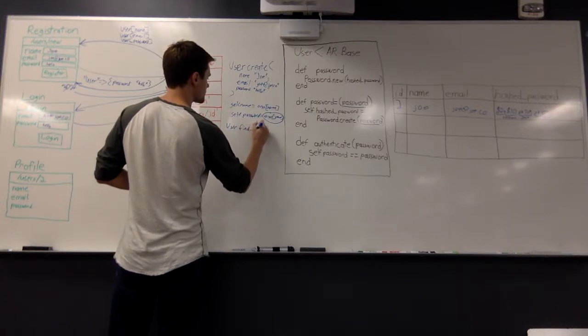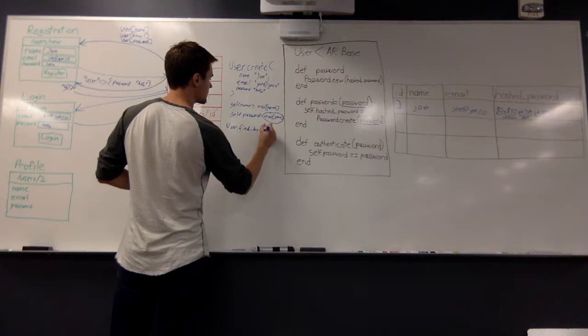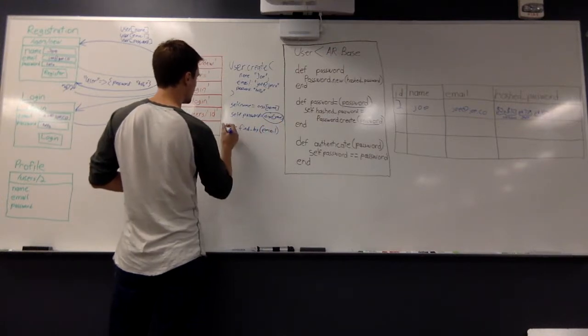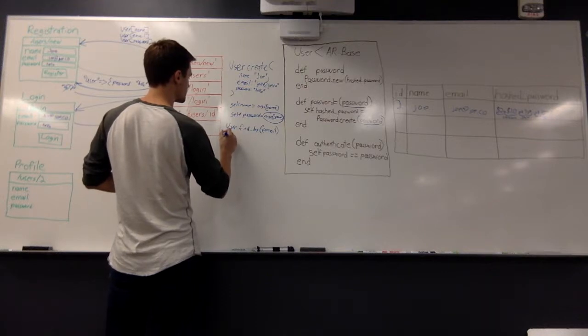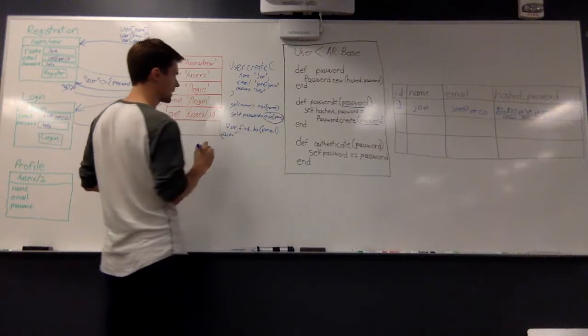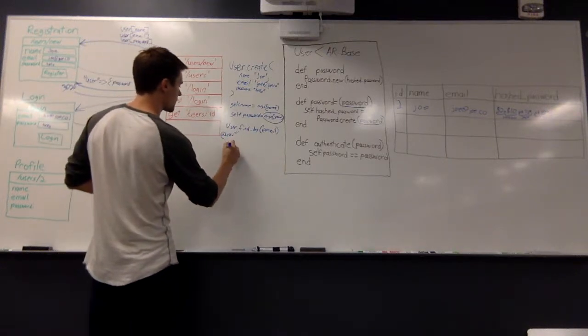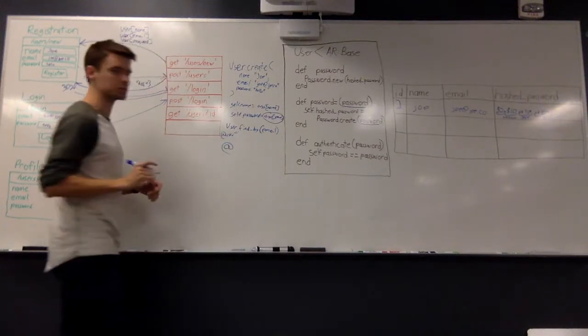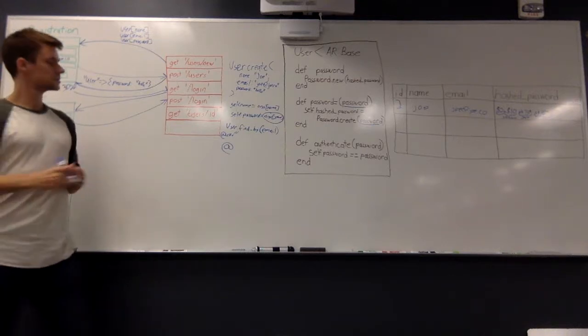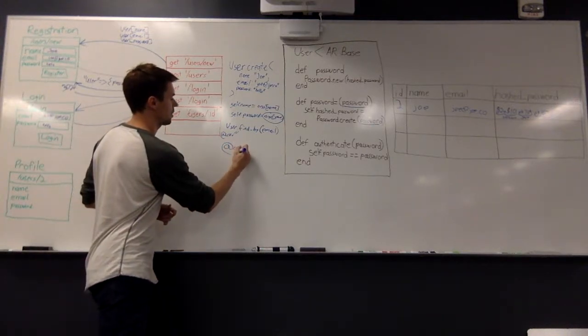And I'll shorten this so it won't be syntactically correct, but you find by email. And then we magically have a user instance, just like that. So now what do I do with that user instance? Call authenticate.